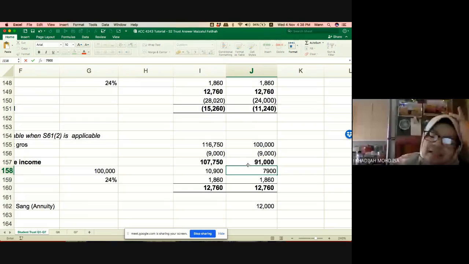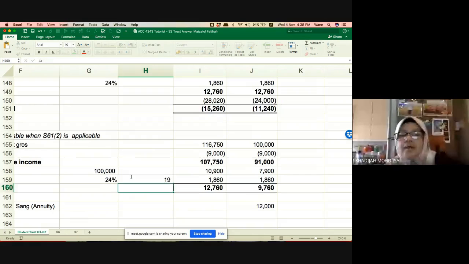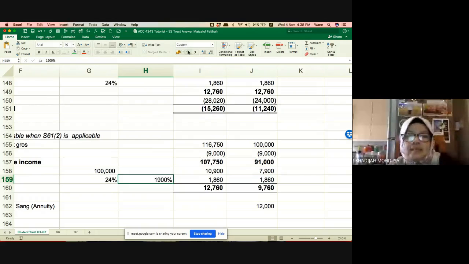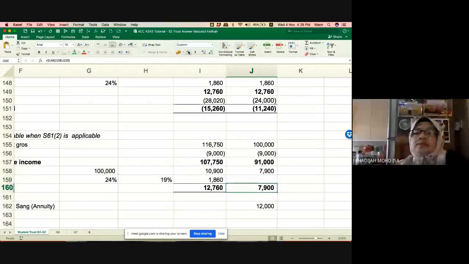And this one maybe at 19% only. Right, 19%. Again, I'm not sure. 0.19. Okay, so whatever you have will become lower. So you have to compute accordingly. Then you see that in your tax liability, there's no tax credit given because you apply 61(2). That's all.